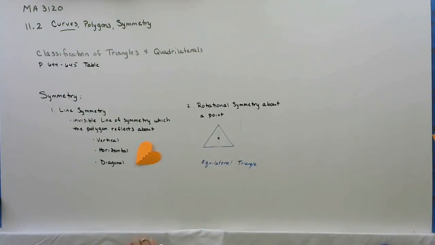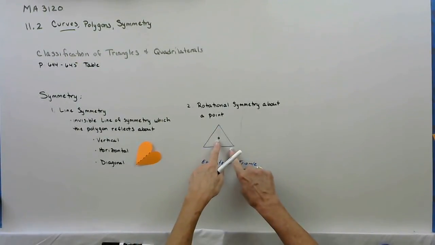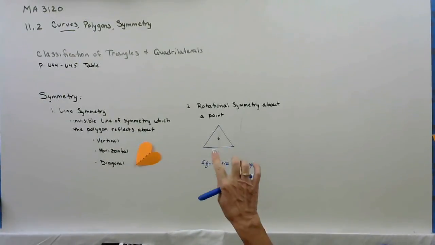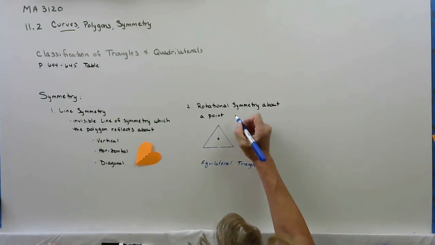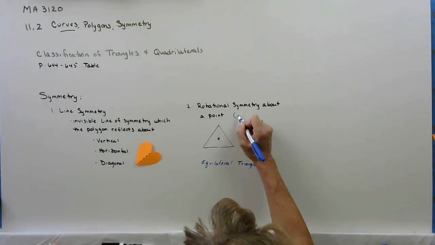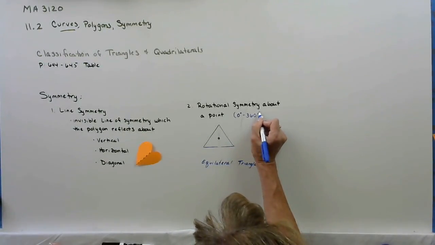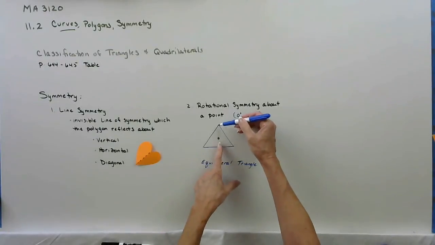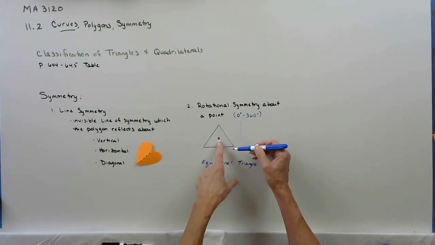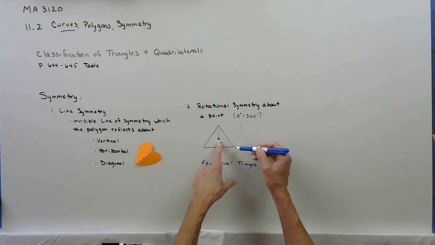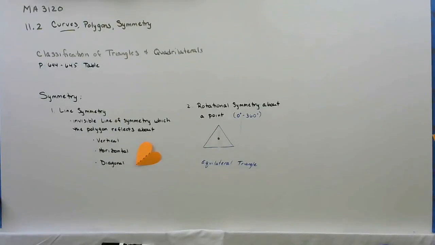It's as if you have just spun it and it landed on itself. With rotational symmetry, you're going to need to tell me the degrees that it rotates, so we have to talk about between 0 and 360 degrees. In this case, it's going to rotate 120 degrees, because there's 360 divided by the 3 angles, 120 degrees, and I should land on the next shape. So that's what we mean by rotational symmetry.